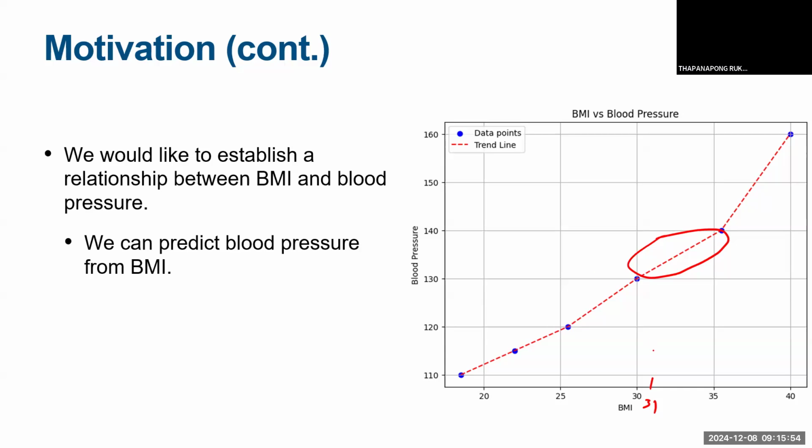So maybe this one is about 36, and it's 140. So we go from 30 to 36, and you go from 130 to 140. So 31 is somewhere between them. So you can interpolate the data. That's one way that you can do the prediction.